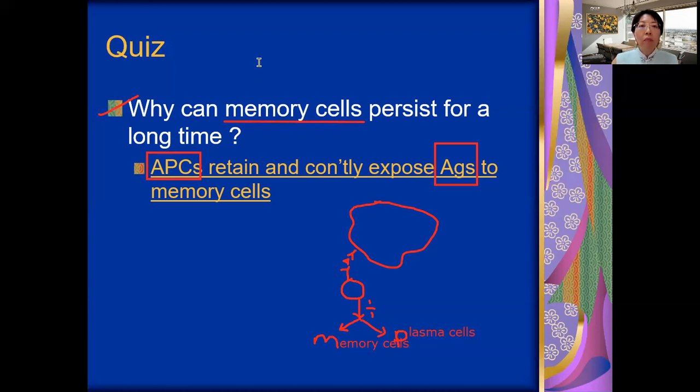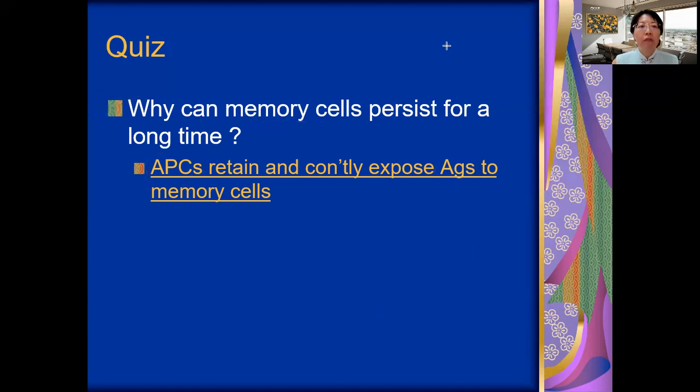So your memory cells are new. It's not the same memory cells that were produced 10 years ago. They're being renewed. Therefore they can remain there for life. So that's why your memory cells are always available for a secondary immune response.